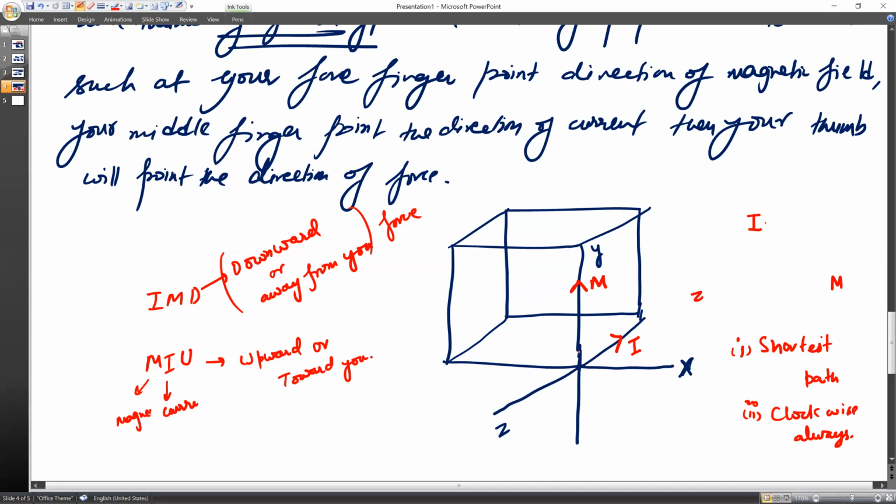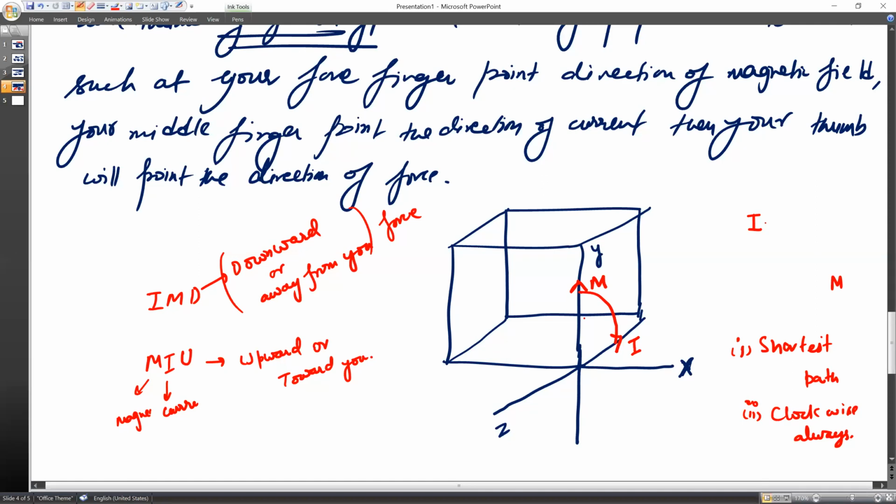The force can be either in this direction or in this direction. Now this is M, this is I. You have to choose the shortest path to join M and I. You have to use this path now. M I. Got it? Yes. Then M I U. M I U. Okay.